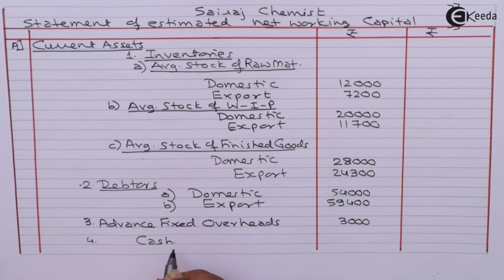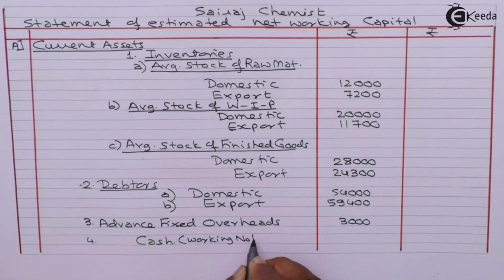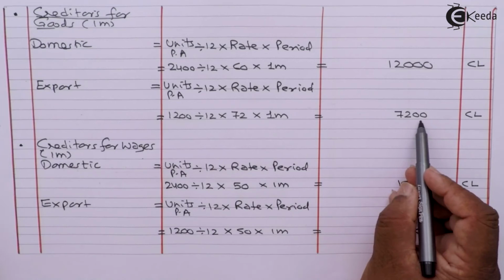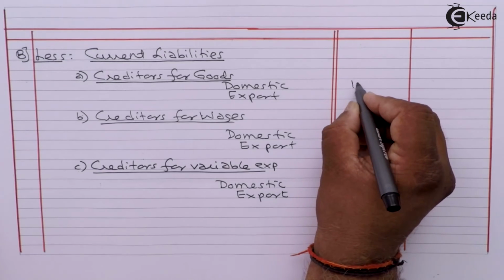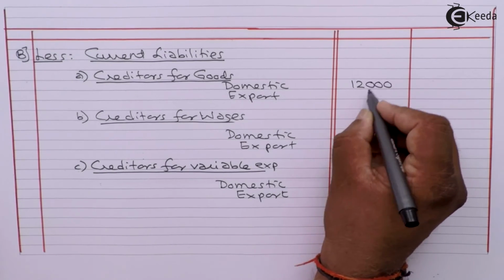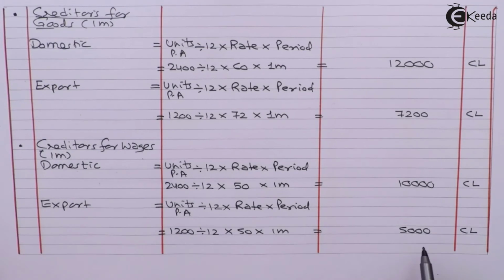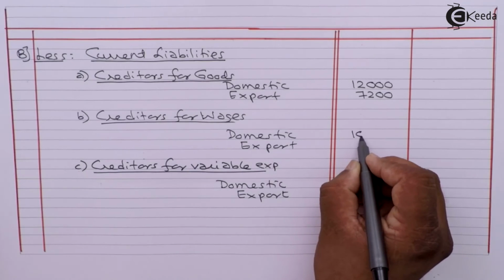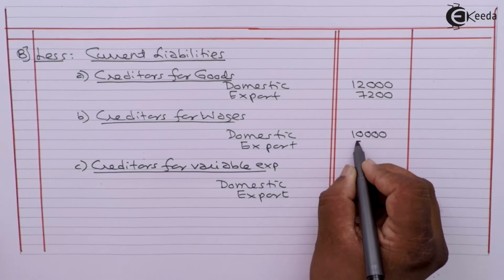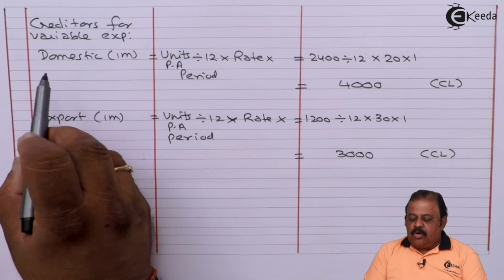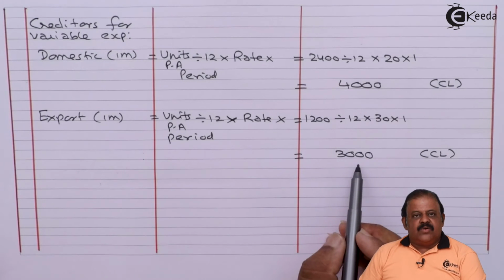Cash balance we are required to calculate. We'll have to do working note for that. Creditors for goods, domestic 12,000, export 7,200. Creditors for wages, domestic 10,000, export 5,000. Creditors for variable expenses, domestic 4,000, export 3,000.